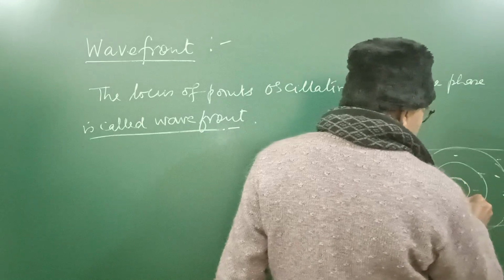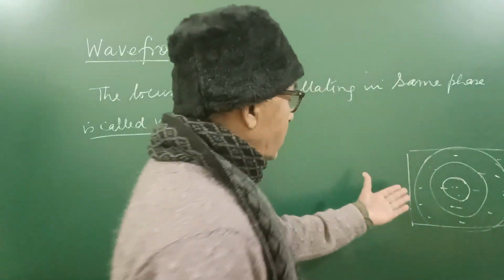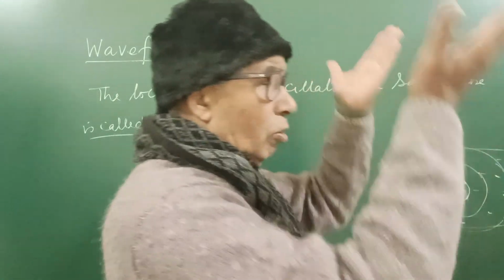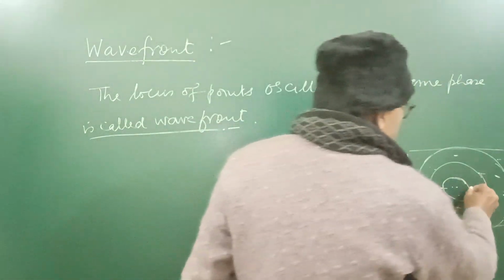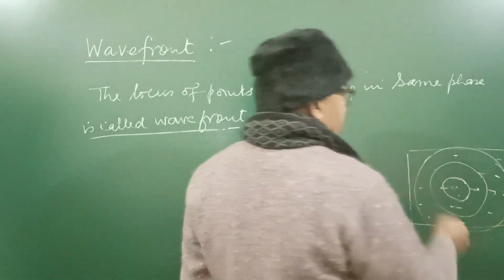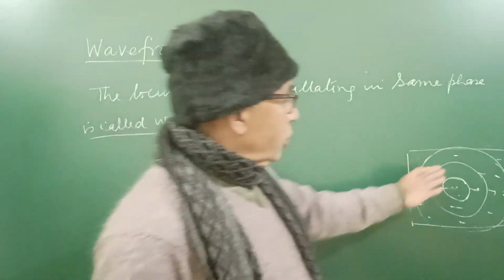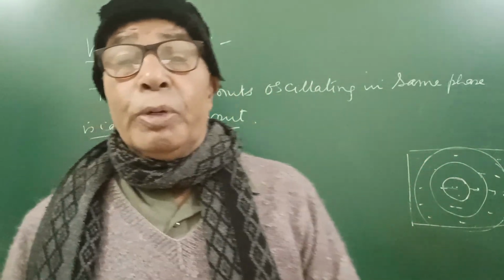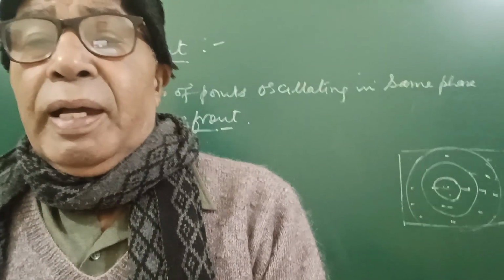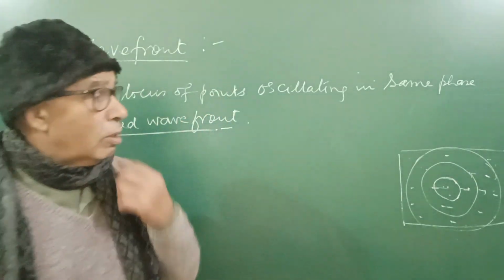On the circular ripples, all particles are either coming out or going down, or moving this way or that way. So these circular ripples are their wavefronts. I think you have got my point.